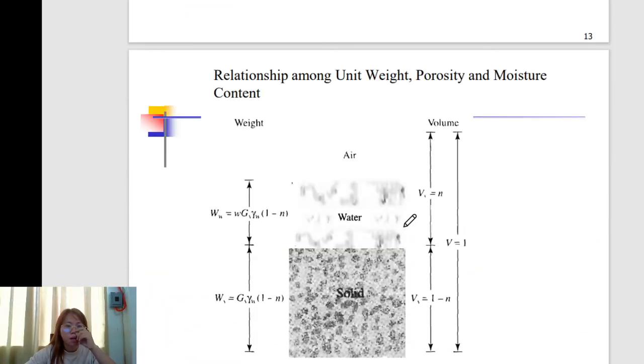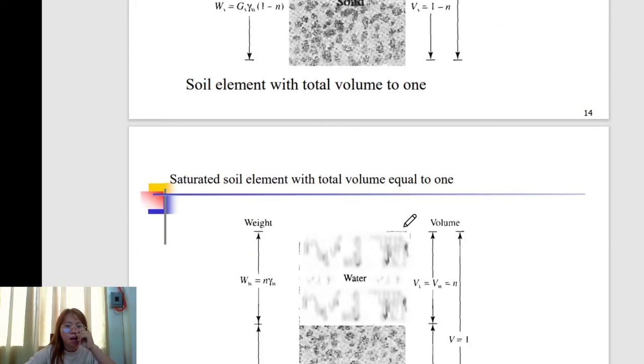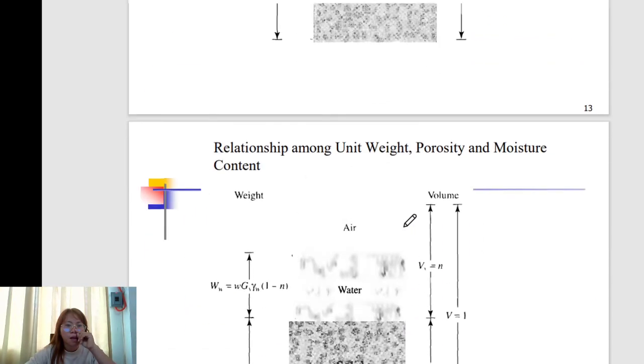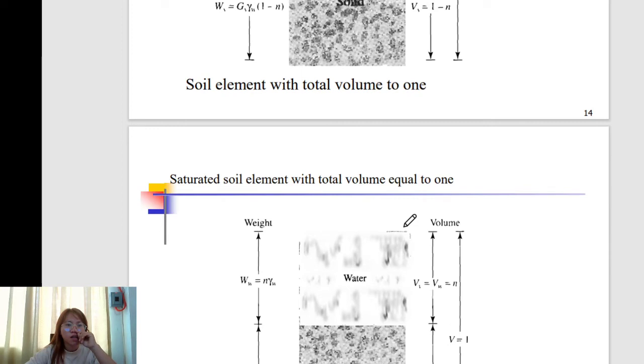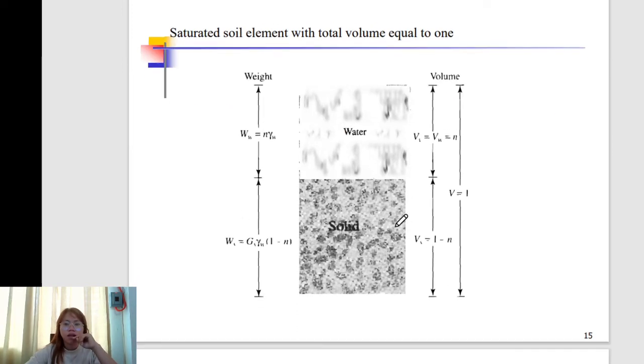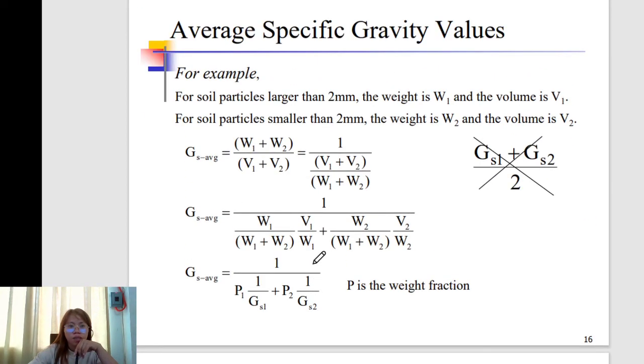The total volume of the soil element when it is saturated is equal to 1. We have these average specific gravity values.